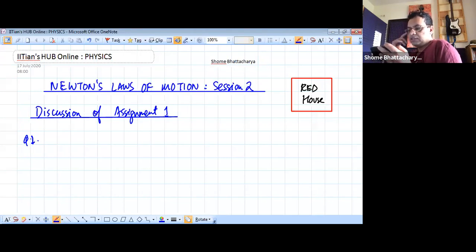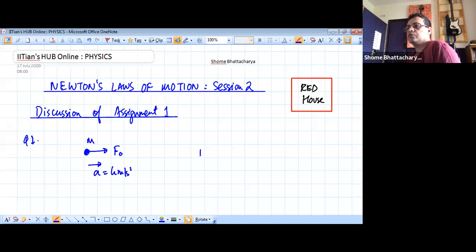An object experiences 4 meters per second square of acceleration when the force F0 acts on it. So if you have an object of mass m, let's say, and a force of F0 acts on it, then it experiences an acceleration of 4 meters per second square.